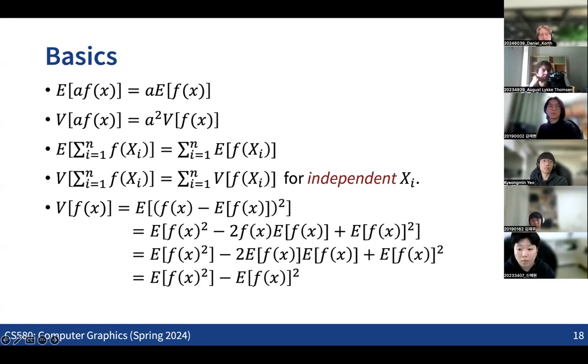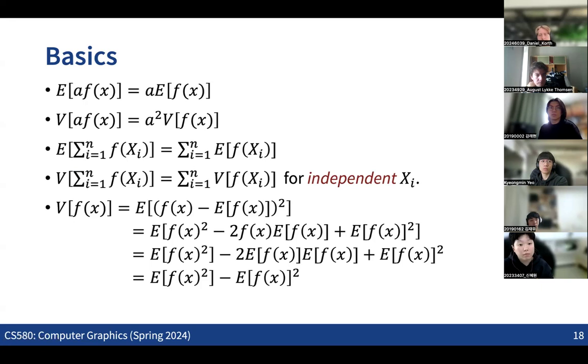These also come from the definitions of expected value and variance. In particular, the variance of a sum of functions equals the sum of the variances only when all the random variables are independent of each other, right?